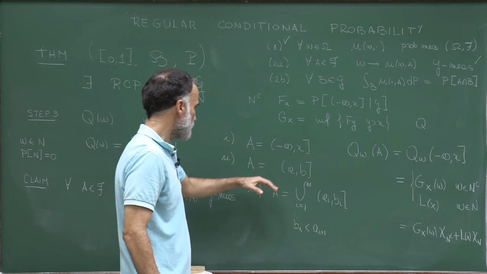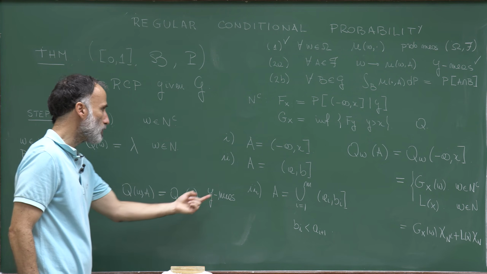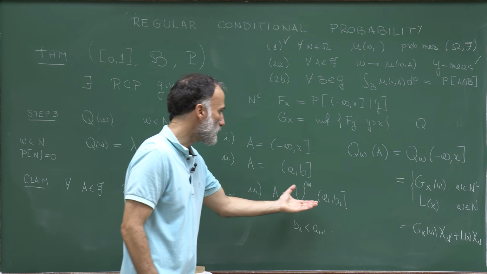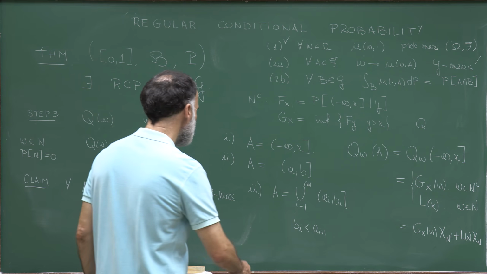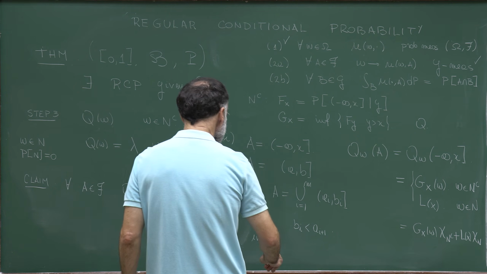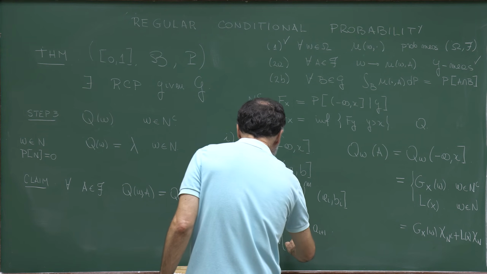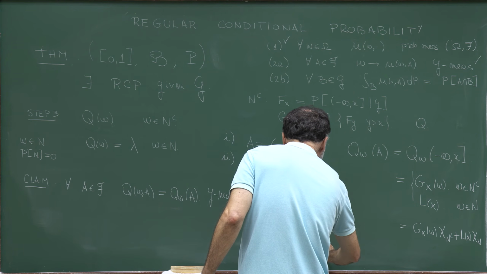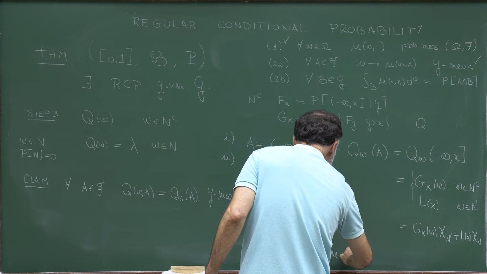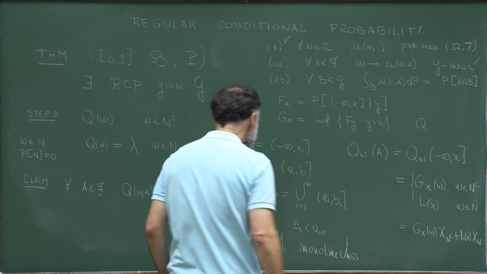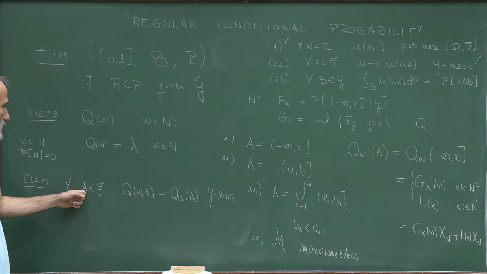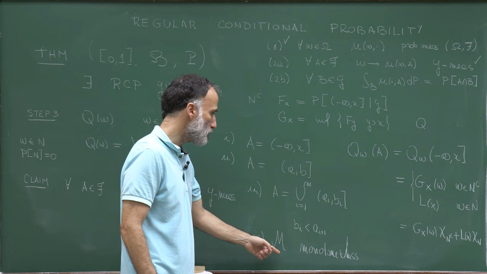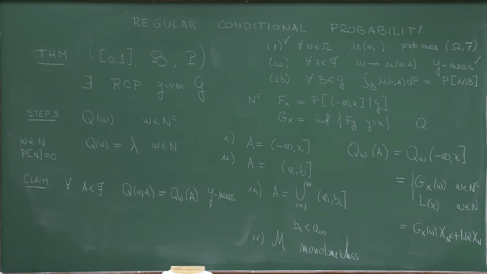Now if this is G measurable for this type of set, by using linearity, it's also G measurable for this type of sets. This forms an algebra of intervals. So my fourth claim is that the set M for which this is G measurable is a monotone class. So what I'm saying is that this family of sets A such that this function is G measurable forms a monotone class. I leave it to you to check that this is correct.